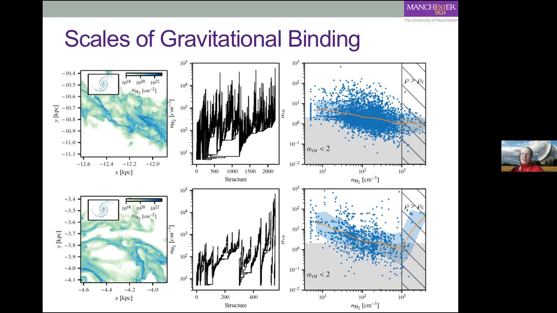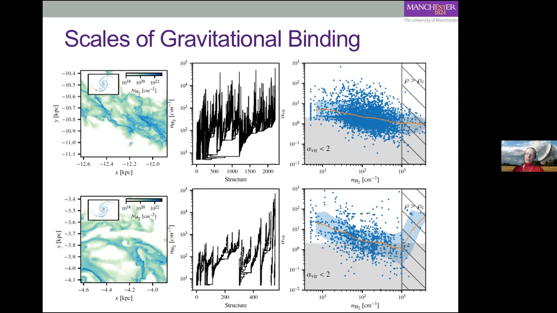And previously, people would have thought about forces like magnetic fields, maybe, or turbulence, to support the galaxy against collapse. But actually, what we have seen, not just my own group but as a community, for the last 10 years or so, is that these clouds, these associations of molecular gas, are actually gravitationally unbound.